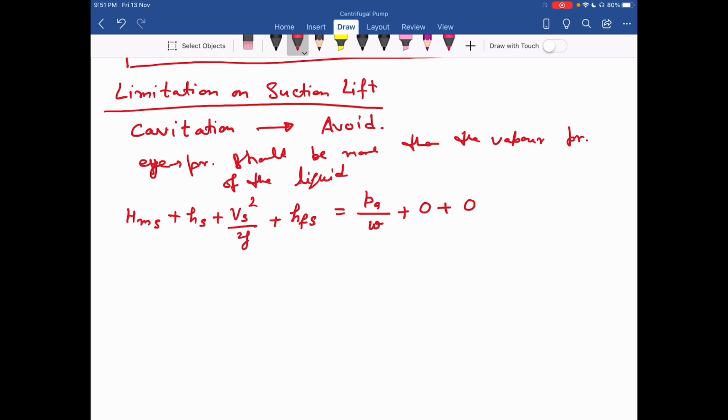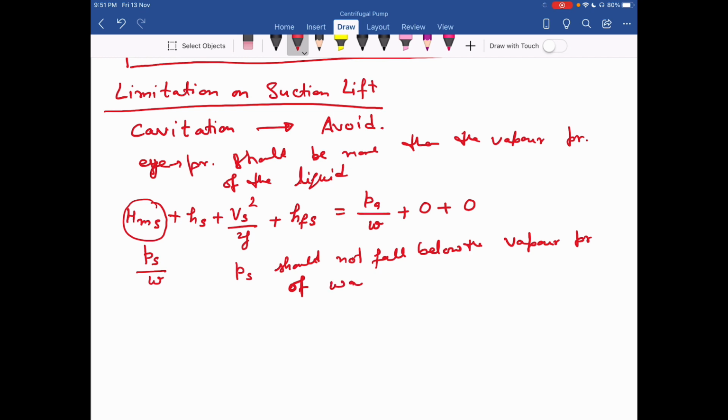Now this Hms I can write as pressure on suction side divided by w. Now this value of Ps should not fall below the vapor pressure of water, that is Pv. At the least this value should be equal to Pv.